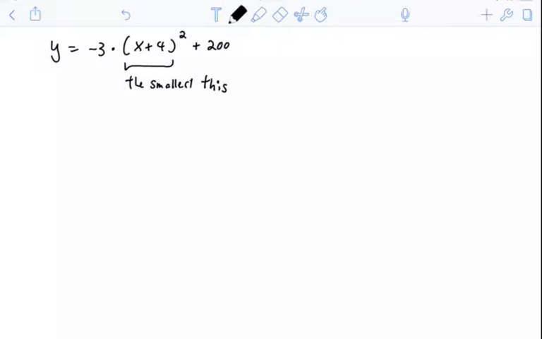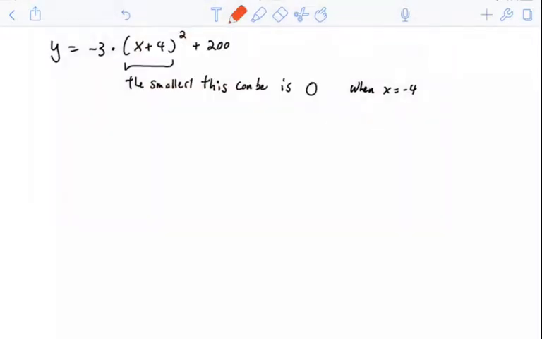Y is equal to minus 3 times x plus 4 all squared plus 200. Okay, let's walk through it. The smallest this can be is 0, and it's 0 when x is equal to minus 4, right?